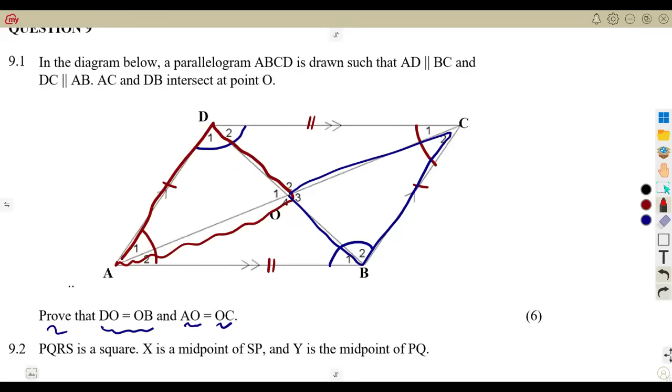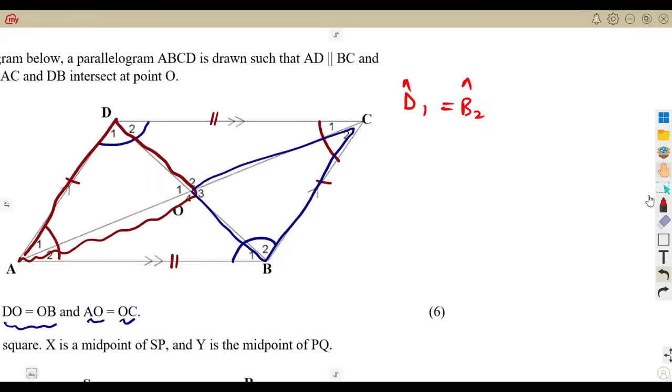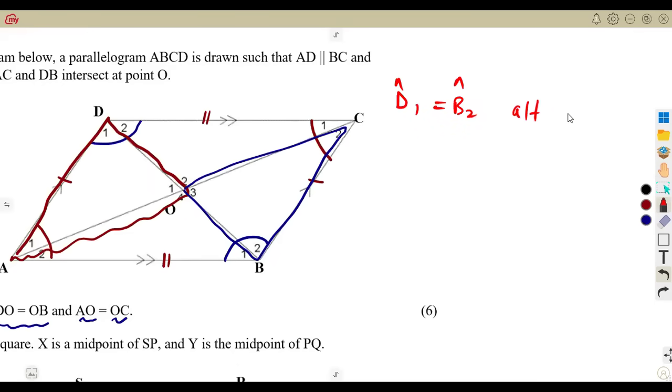These two angles are equal. Angle D1 is equal to angle B2. We saw that from our alternate angles, since AD is parallel to BC. So this angle is equal to this angle.